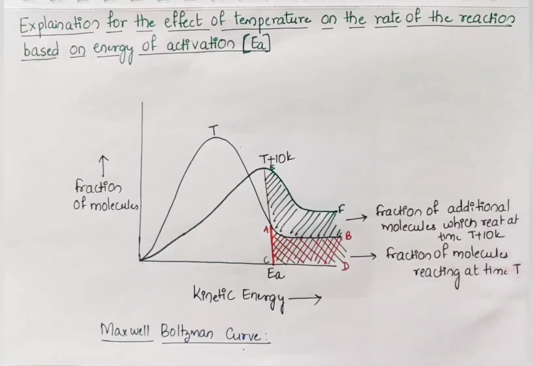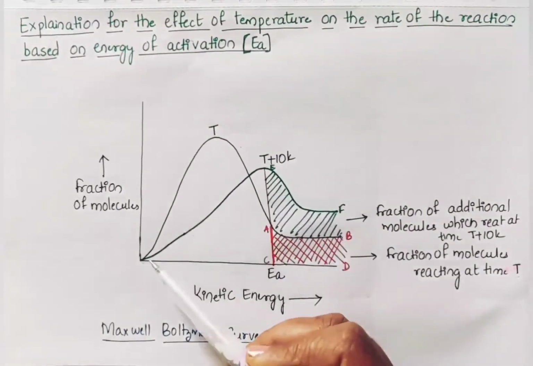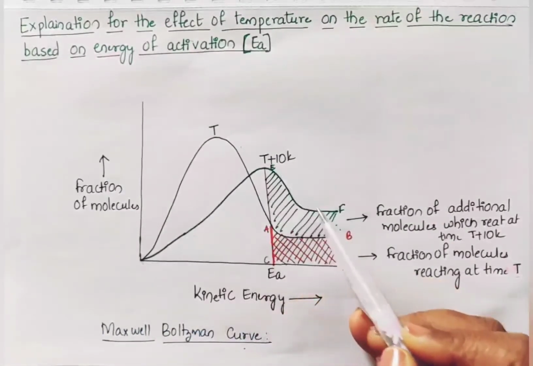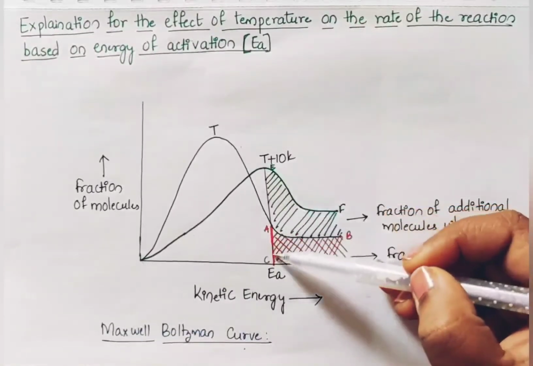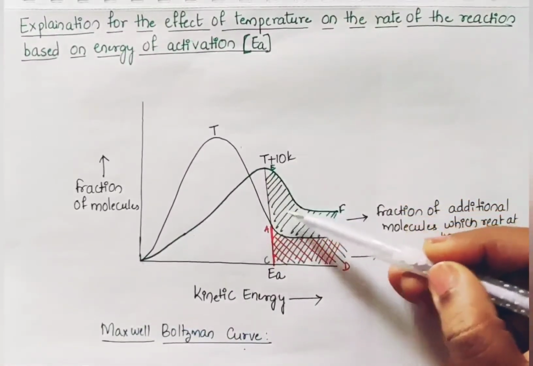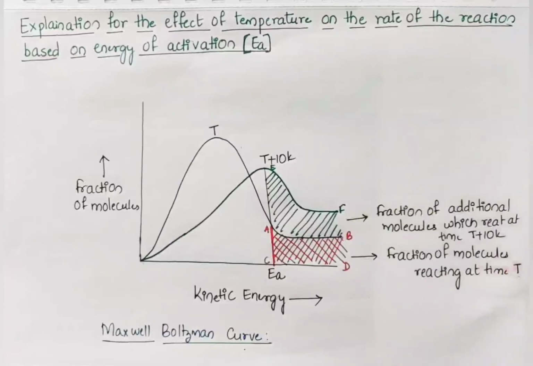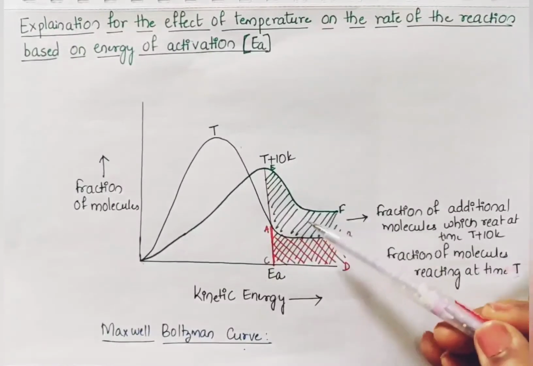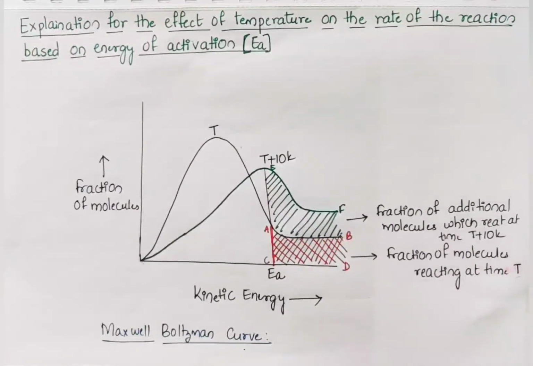Now suppose I increase the temperature by 10 Kelvin, so I get a curve which is shown in green. So this is the energy of activation line. So this many molecules will be additional molecules which will be reacting at T plus 10 Kelvin. When I increase the temperature by 10 Kelvin, the fraction of activated molecules will also increase around 2 times. It generally increases by 2 to 3 times.